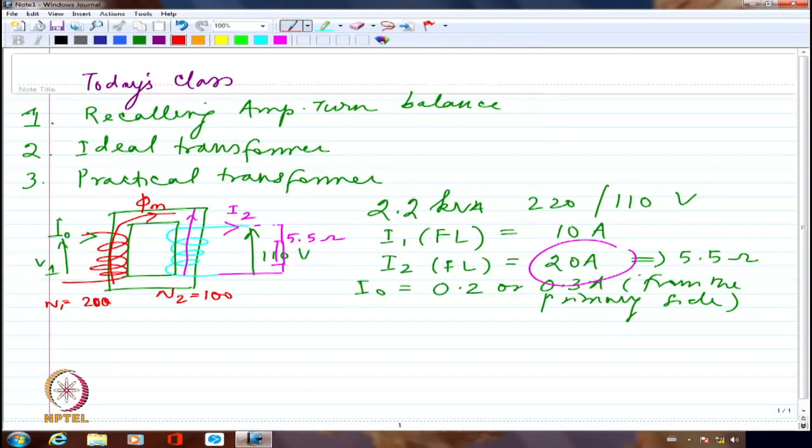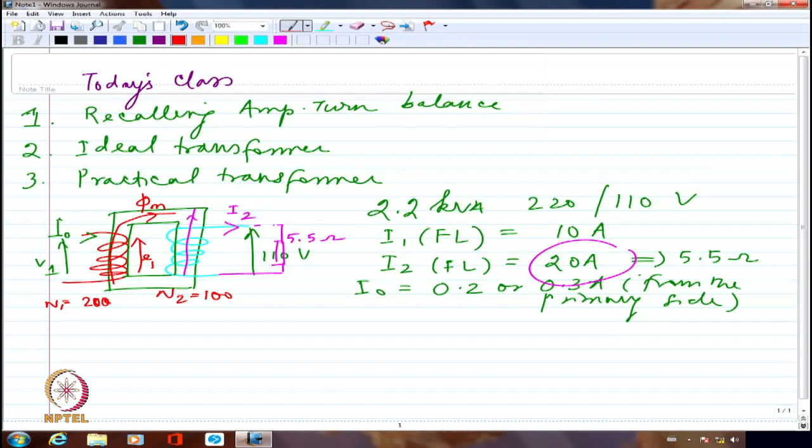If that is killed, the entire transformer action will cease to exist. I would have had an E1 induced here as well, and that E1 will also collapse. If E1 collapses, a huge current will flow into the primary winding, because originally what was driving the current was V1 minus E1 divided by the resistance of the primary coil.